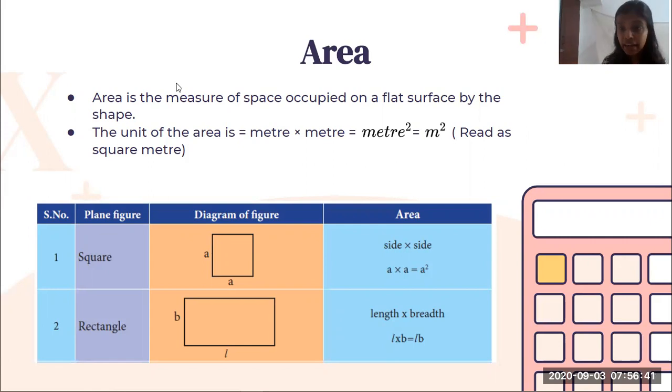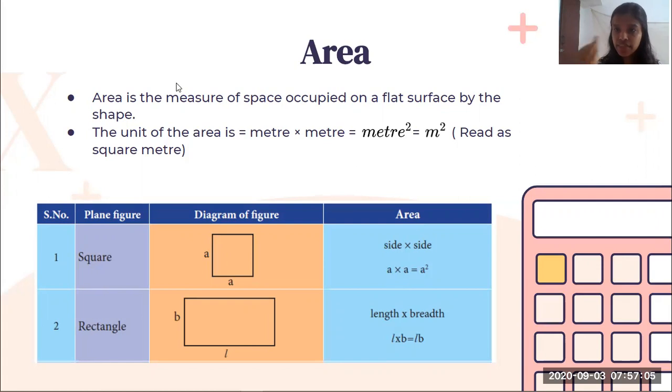In the case of a rectangle, it is length into breadth. Length is a measurement of length, and breadth is also a measurement of length. So that is again meter square, the derived unit in SI.